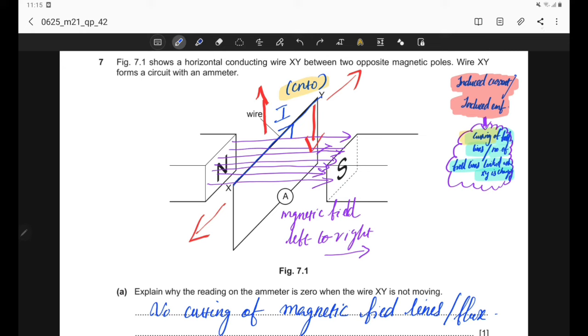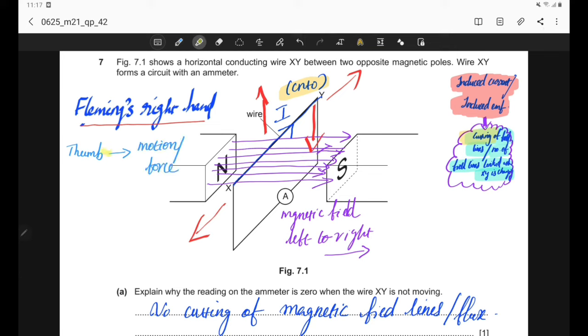For induced EMF concepts, we should always use Fleming's right hand rule. So according to Fleming's right hand rule, we can keep our three fingers perpendicular to each other, where the thumb will always represent the movement of the wire, or in which direction we should apply force in order to move the conducting wire. So the thumb represents the direction of the motion, or the direction of the force on the wire.